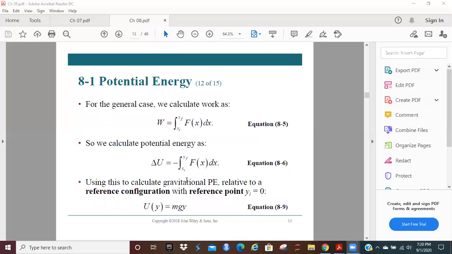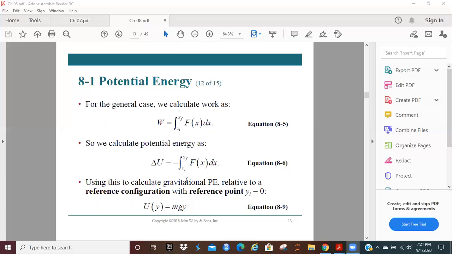So again, for the general case, you calculate work by saying it's the integral of F of x dx. Since minus W is the same as the change in the potential energy, the change in U is equal to minus the definition of work, which in this case is that integral.